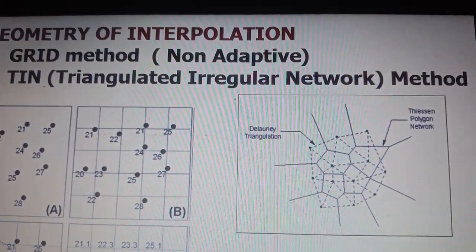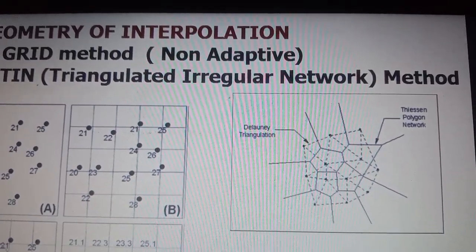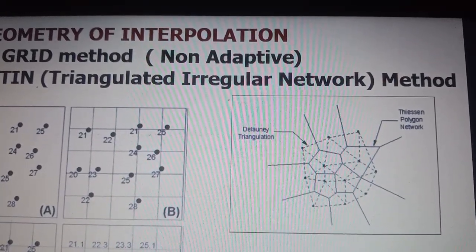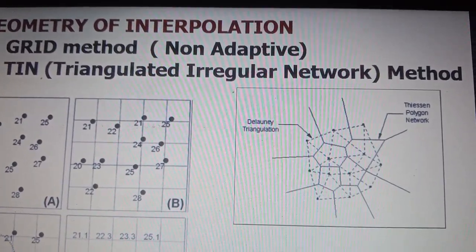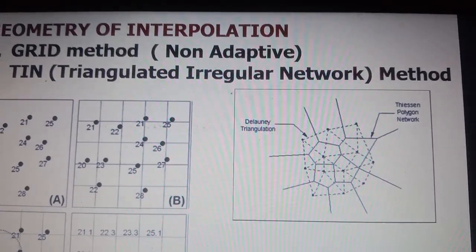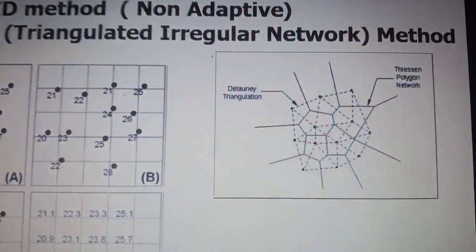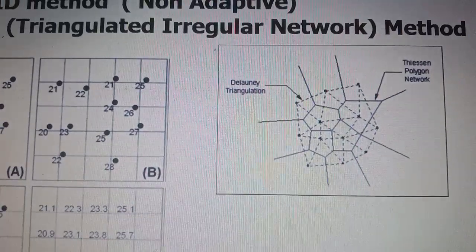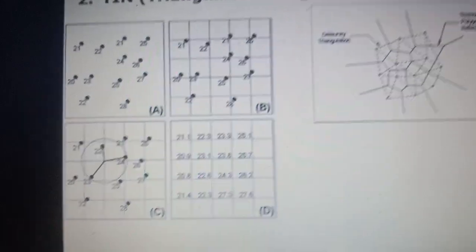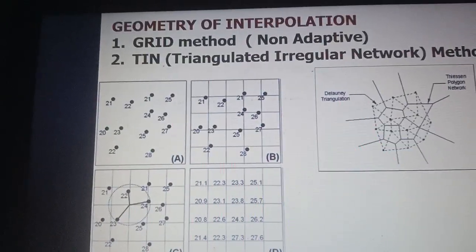Individual triangles will be created and values within that triangle will be assigned for the particular area. And the complement of the Delaunay triangles is called the Thiessen polygon. This polygon is drawn over here with solid lines, and the triangles are drawn by dotted lines. With these two concepts, the grid concept and the TIN concept, all the interpolation geometry is based.